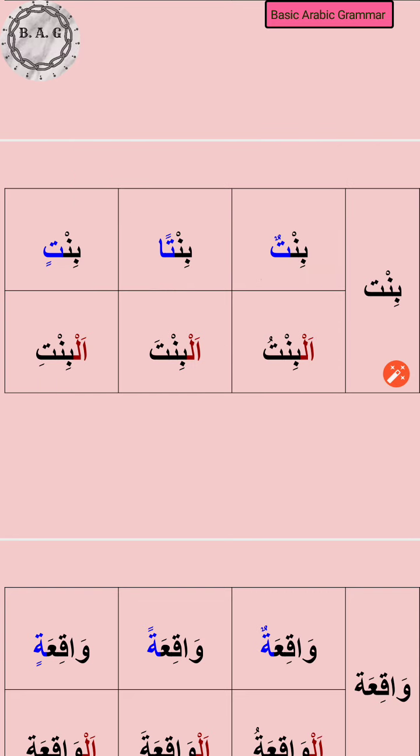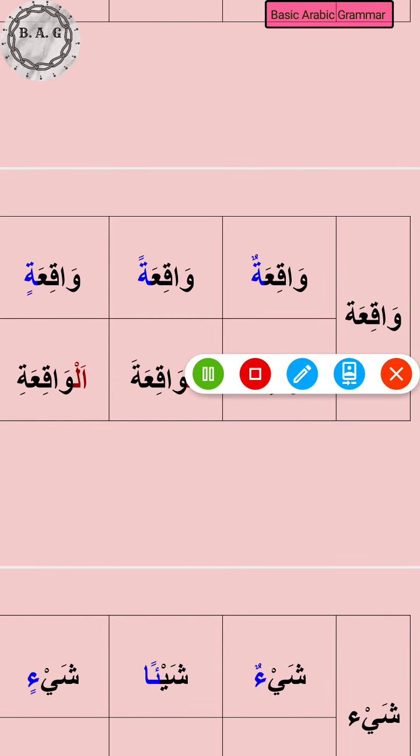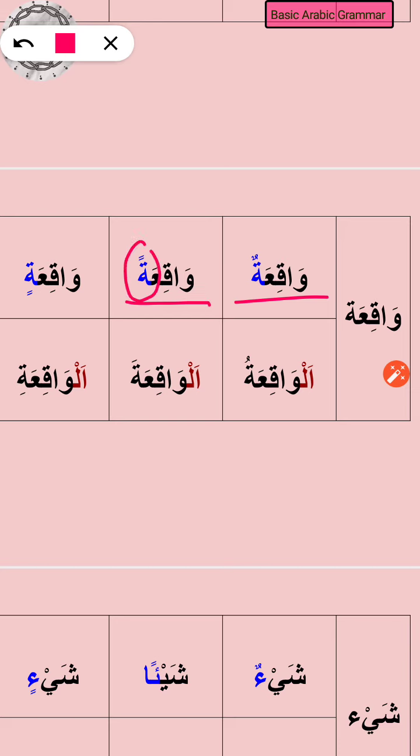Okay, next we have waqi'atu. So waqi'atun, a happening, waqi'atan, no post-tanween alif because it ends in a round ta, actually known as ta marbuta.